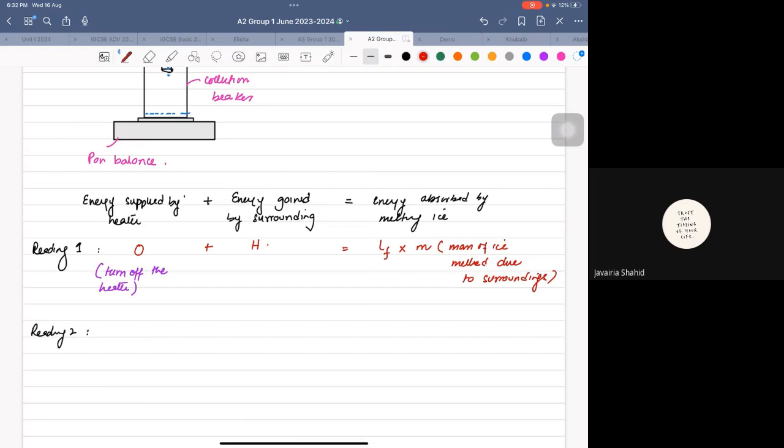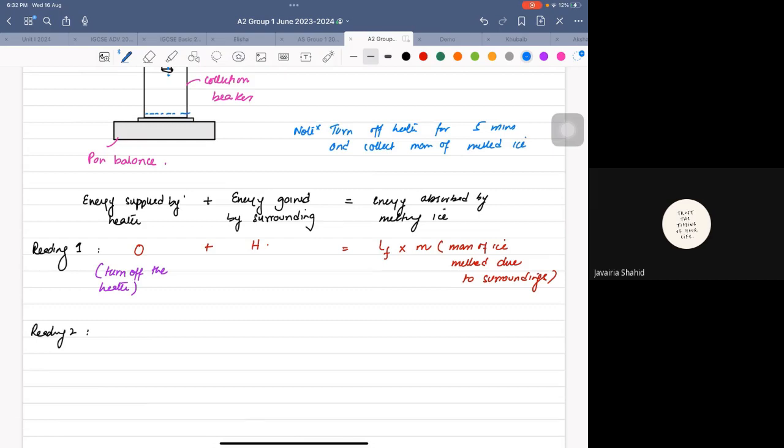Now, in the next part, we're going to turn on the heater for, let's suppose, 5 minutes or whatever. So this also should be done for the same time. So in here, write a note that in the first step, I will turn off heater for 5 minutes, and collect mass of melted ice.